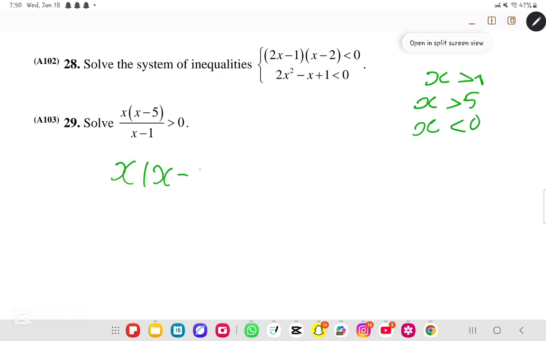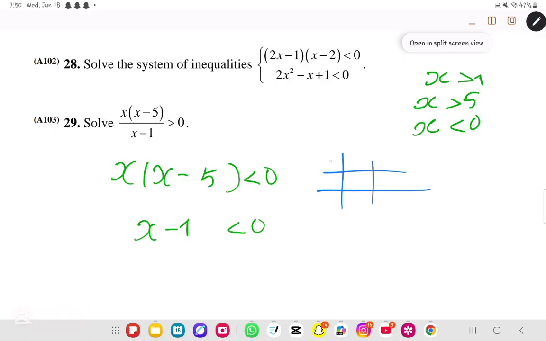So x times (x minus 5) less than 0, x minus 1 less than 0. You will do the table of variation for both of them. Here for this one you have 0 and 5. So choose a number less than 0, for example minus 1, in between 0 and 5, 1, greater than 5, 6. Substitute them in the equation. What will you get? You will get positive, negative, positive.